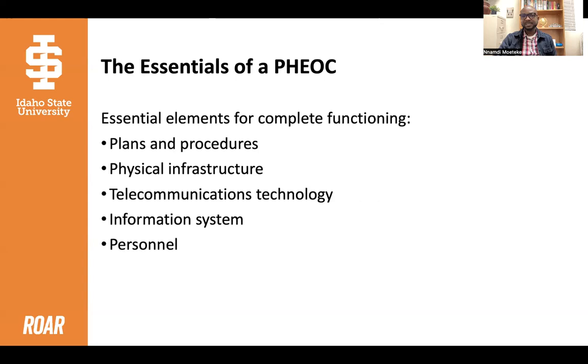The essential elements for complete functioning of the Public Health Emergency Operations Center include plans and procedures for operations, physical infrastructure, telecommunication technology and infrastructure, information systems to support informed decision-making, and trained human resources.